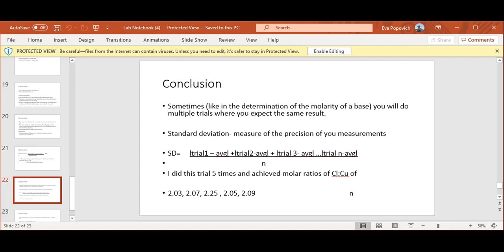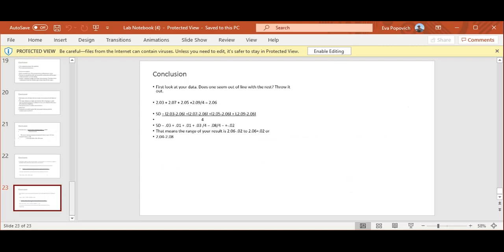If I did it 4 times, and I came up with these 4 molar ratios. I know it says 5, but when I actually did it, I only came up with 4. What I'm going to do is take each one of my trial values and come up with my average. Then I'm going to take my first trial, subtract the average from it, take the absolute value, and I get a positive 0.03.